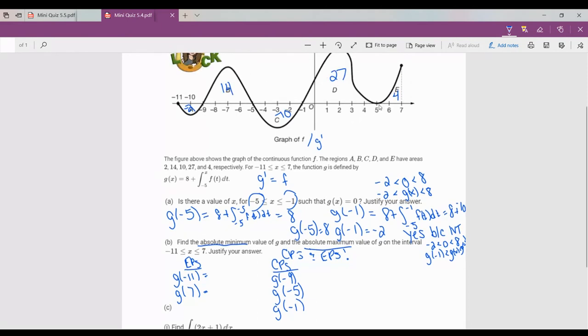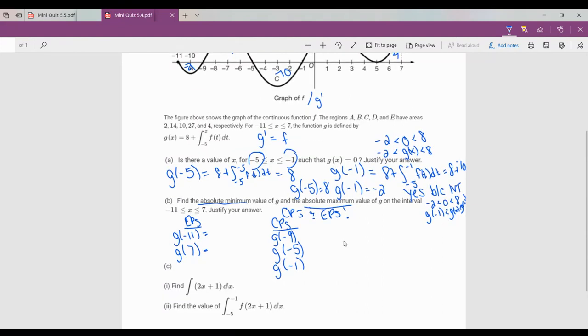And 5, but at 5 it goes from positive to positive, so it's neither a relative maximum nor a relative minimum. Do we need to check it for an absolute max or min? No, you don't need to waste your time with 5. If you want, you can do g of 5, but it won't give an absolute max or min.